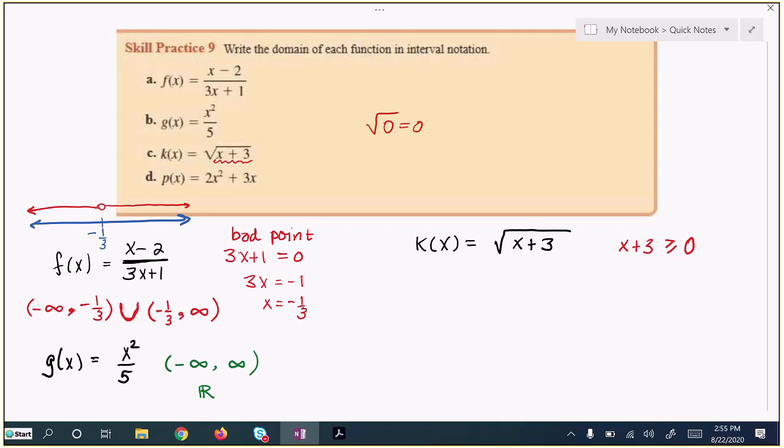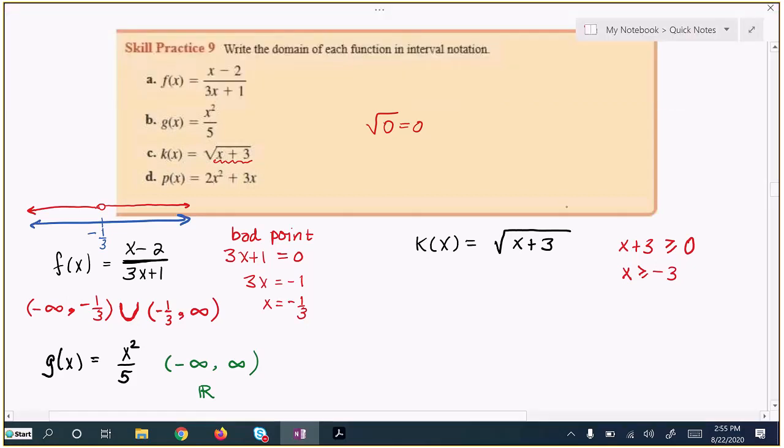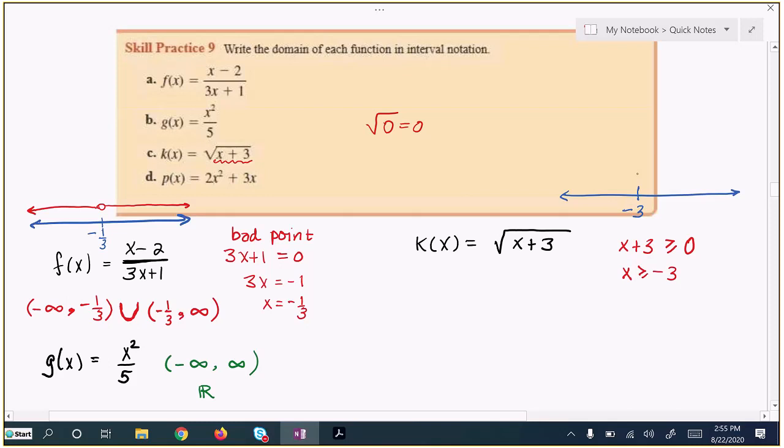So now I have an inequality, and we know how to solve inequalities. I'm going to subtract 3 from both sides and say x is greater than or equal to negative 3. And then I want to write that in terms of interval notation. So I can draw the number line. I'm picturing the number line, and somewhere here is minus 3. I said I'm allowed to be greater than or equal to minus 3, so I know that that's a closed dot above minus 3, and greater than, so I go to the right.